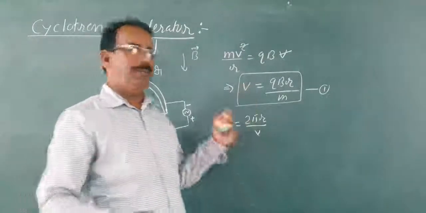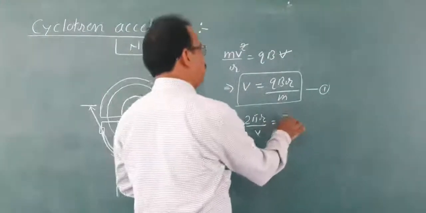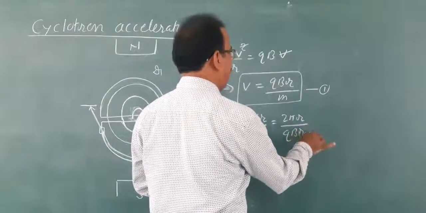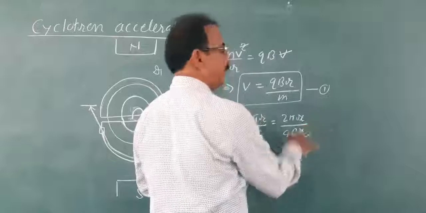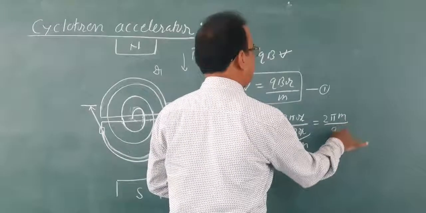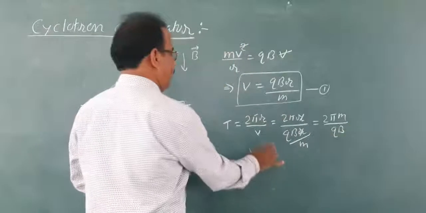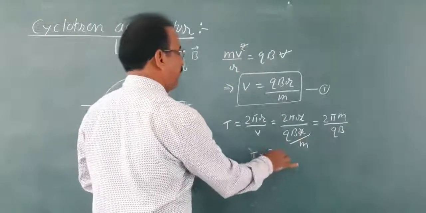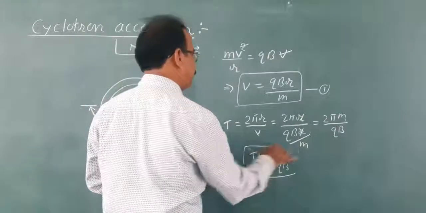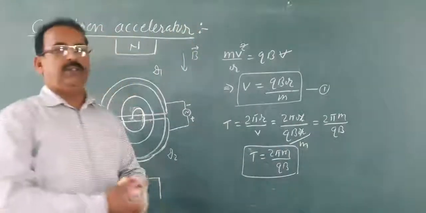Put this value of v here. We get 2 pi r upon q b r upon m. This r gets cancelled. We get 2 pi m upon q b. Period is 2 pi m upon q b. This is the expression for period.